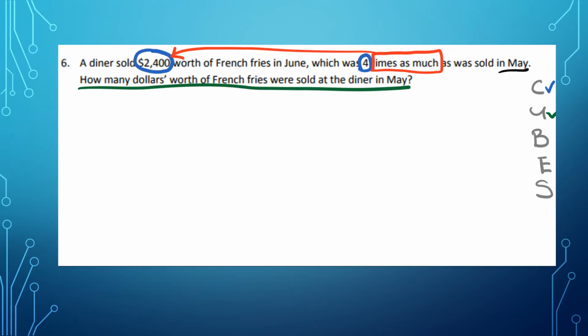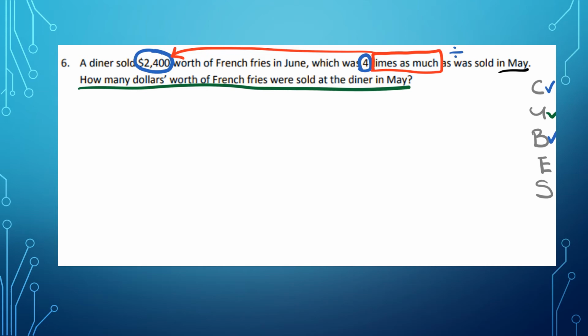So if 2,400 is big and we need to bring it down 4 times, we're going to be looking for a smaller number. So we know that times as much does not tell us to multiply. It actually tells us to divide because we're looking for a smaller number. So we've boxed our action words.